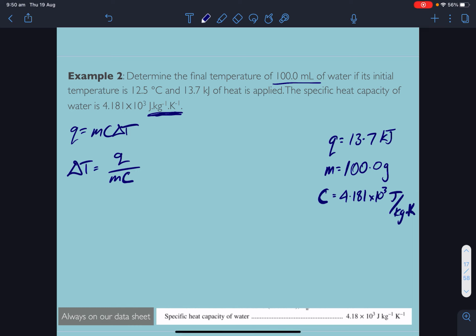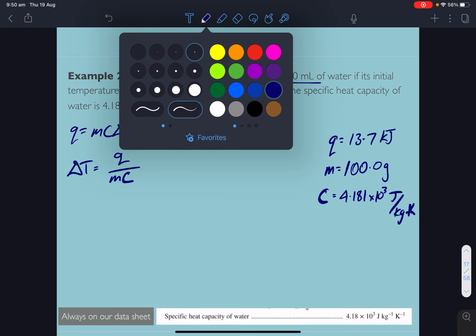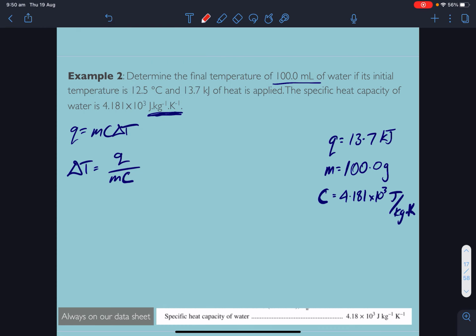Now here I've got a dilemma, because you can see my units are not going to cancel. Kilograms down the bottom, grams at the top. Joules and kilojoules there in my heat. The easiest thing to do here is to convert the single units rather than the compound unit of the specific heat capacity.